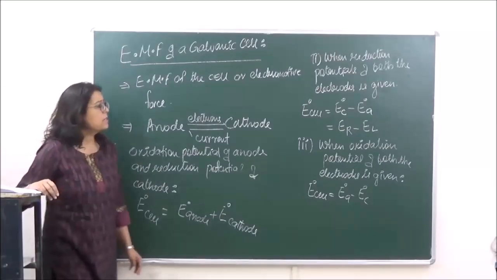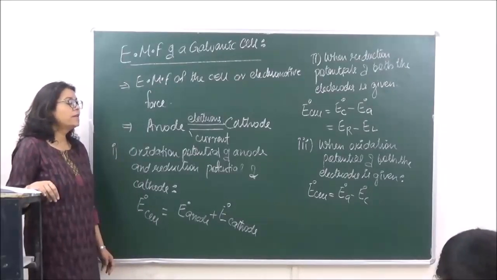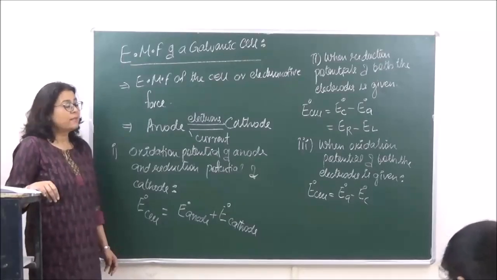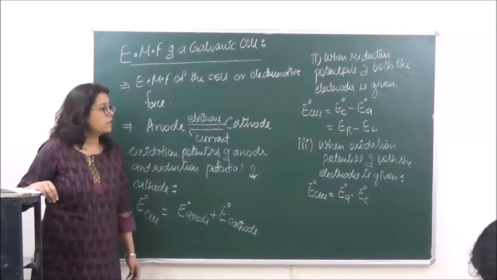Now, as you can see, we are using two different names over here. One is the EMF of a cell, and the second is potential difference. There is a difference between both the terms, as they are not the same.